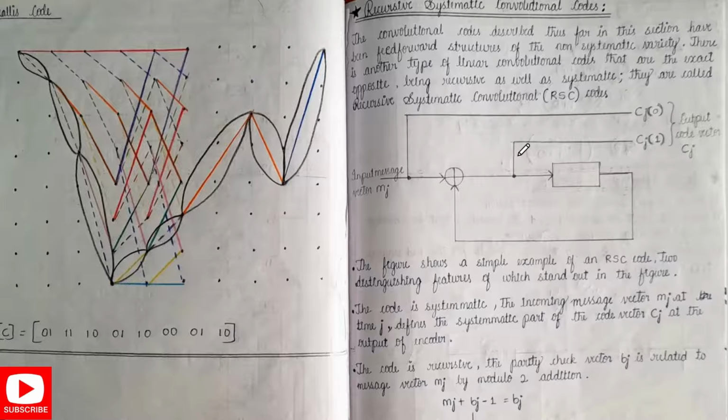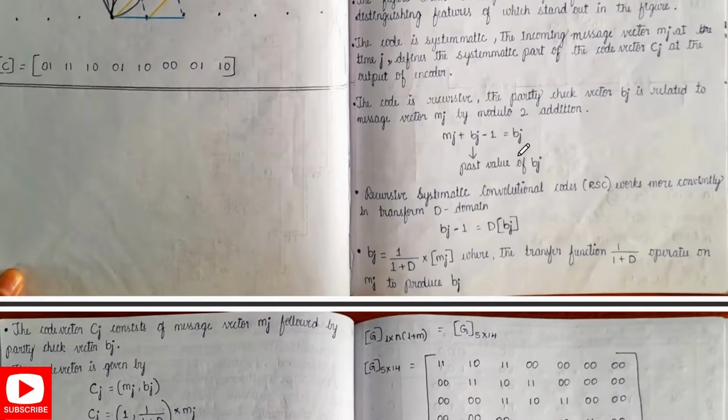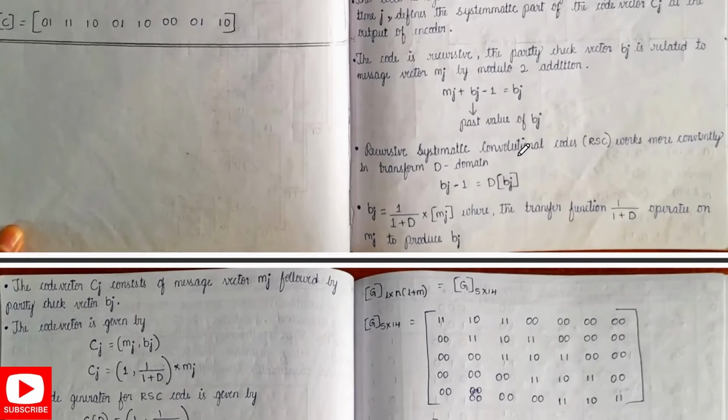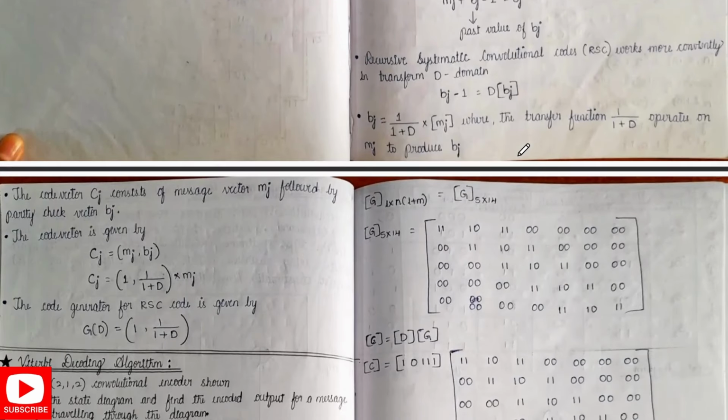Now the code is recursive. The parity check vector bj is related to the message vector mj by an equation with modulo 2 addition. In the transfer function domain, this is given as bj equal to 1 divided by 1 plus D into mj, where the transfer function 1 by 1 plus D operates on mj to produce bj.